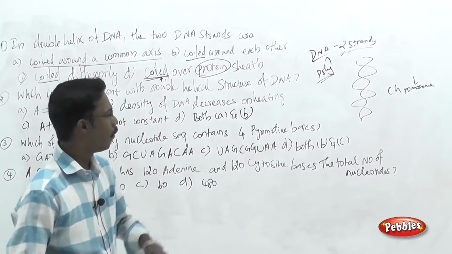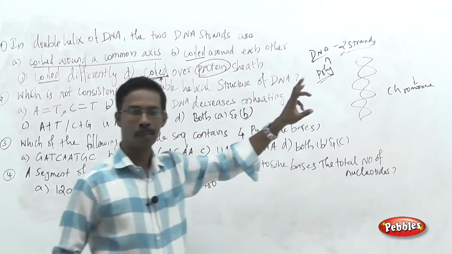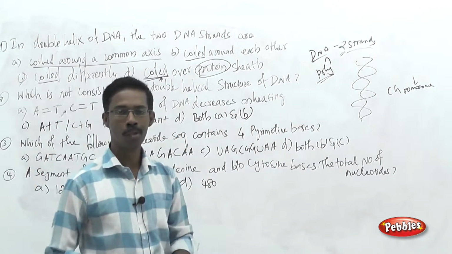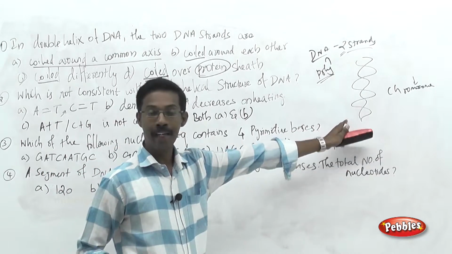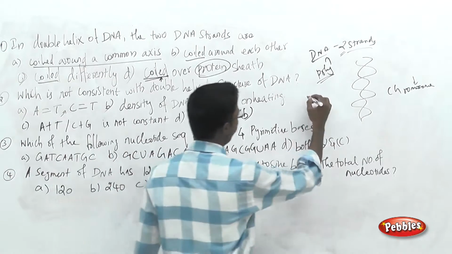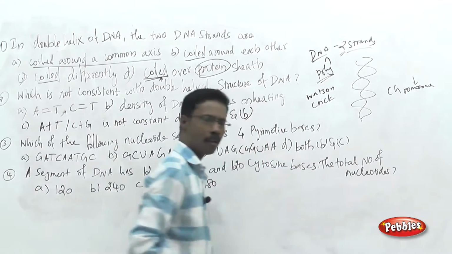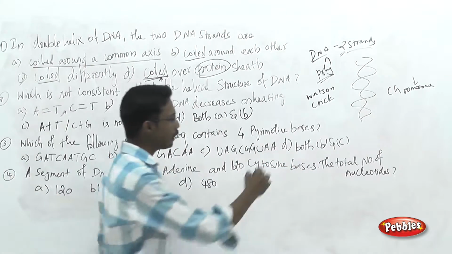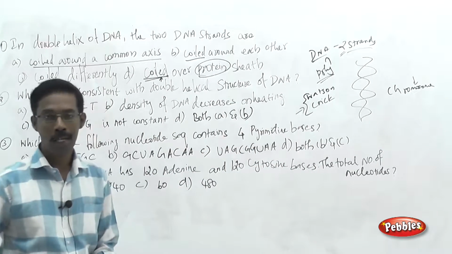But when you are talking about the structure of DNA alone, you are not supposed to confuse it with the histone. Here there are no proteins involved. The DNA structure was proposed by Watson and Crick. According to this structure, there are no proteins involved for the DNA.